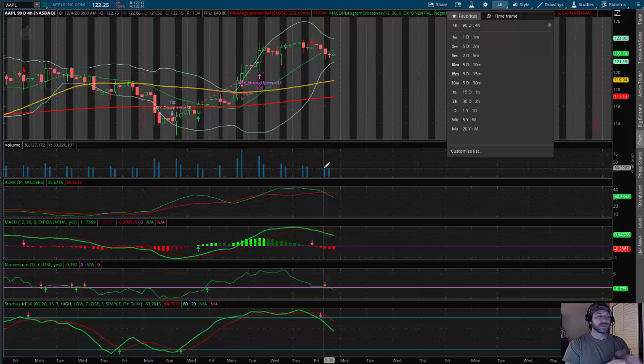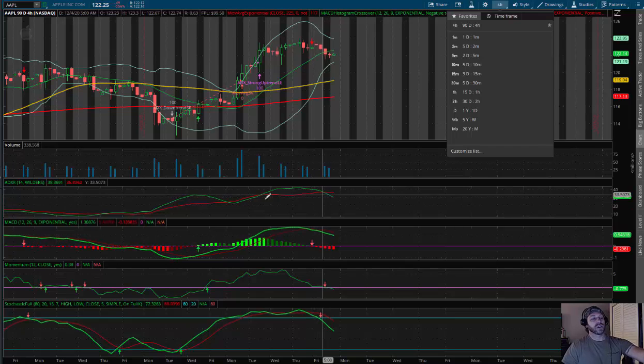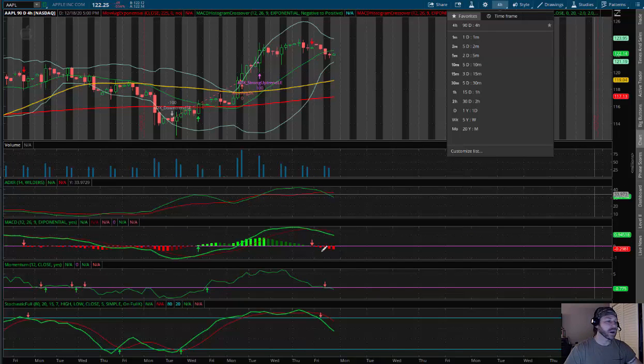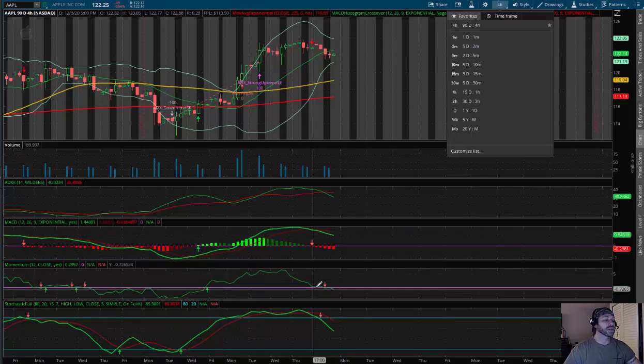So again, you have a crossover on the ADX that's showing that the trend has ended temporarily. We're in momentum because of how high we are. You have the MACD crossover showing that that trend has ended. You have the momentum crossing below zero showing that that trend has ended.